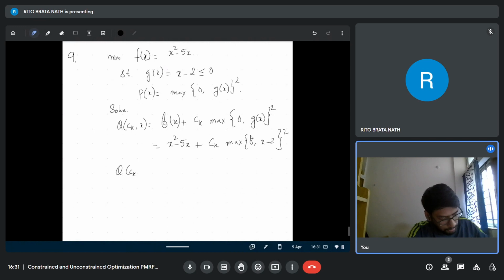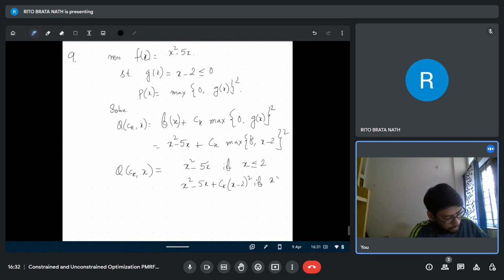So depending on this, it could be x squared minus 5x if x is less than 2, and x squared minus 5x plus c_k (x minus 2) whole square if x is greater than 2. These are the two conditions that you have.